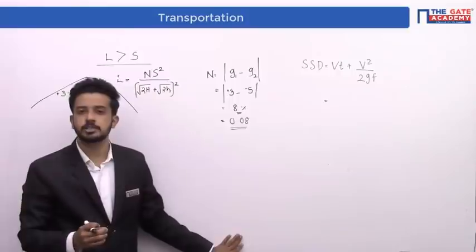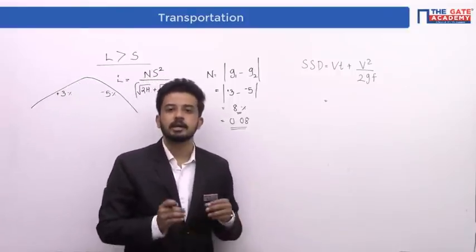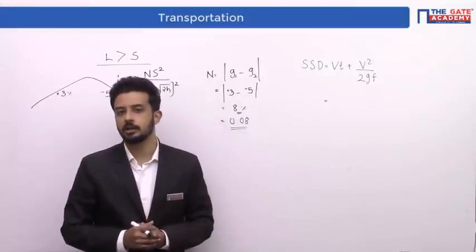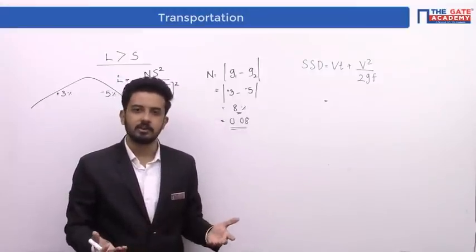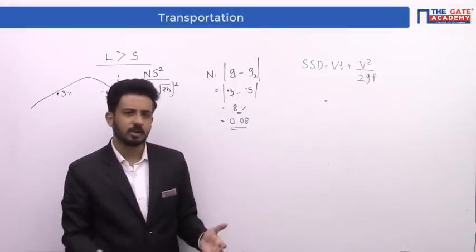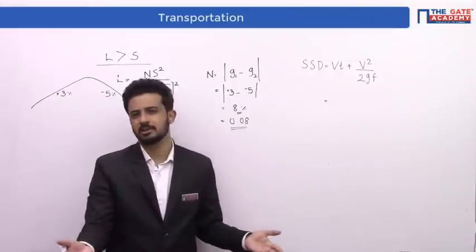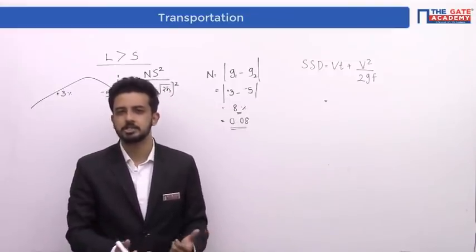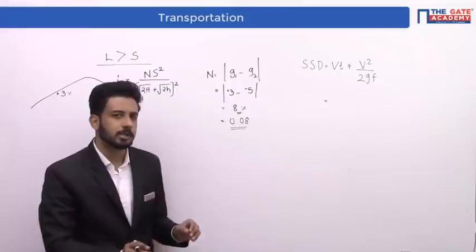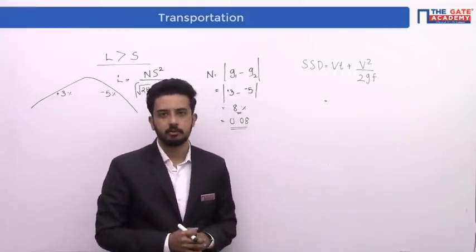So in every question, definitely they will be giving the value of speed in kilometer per hour only. Why? Generally we express the speed of a vehicle in kilometer per hour, correct? We will not tell the speed of this vehicle is this many meter per second. So most probably they will be giving the value in kilometer per hour only.